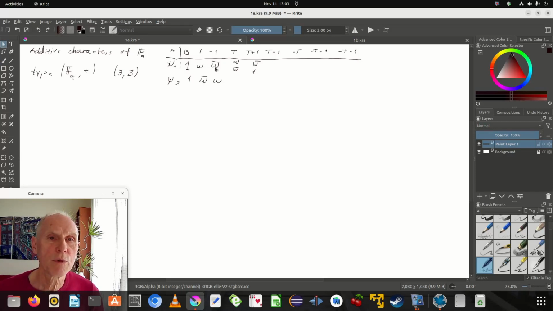And now we do the same with minus 1. This one times this one gives unity. And this one times t gives omega. Minus t plus t gives 0, so the product must be unity.